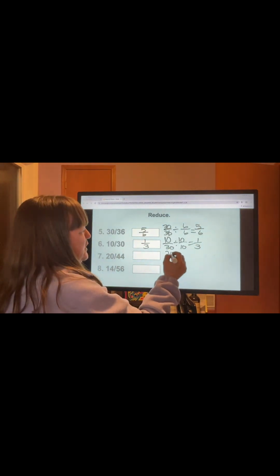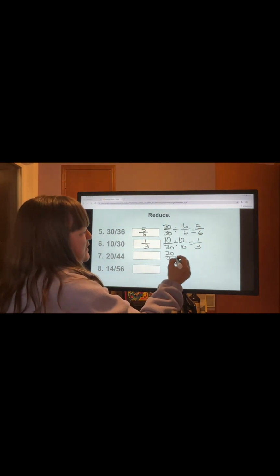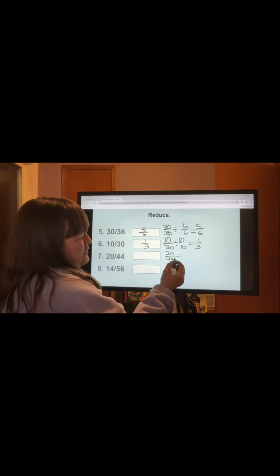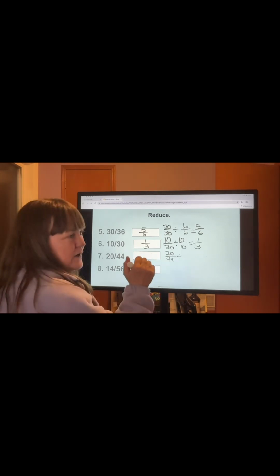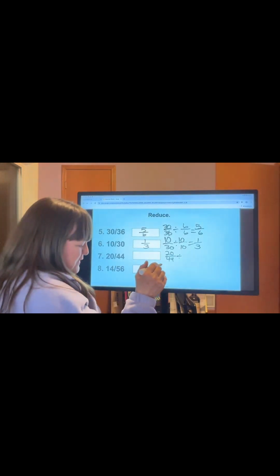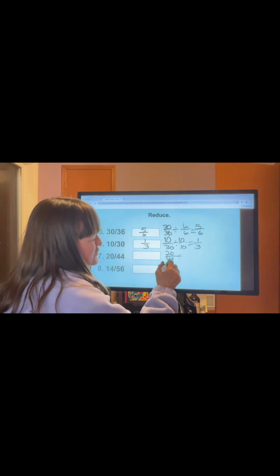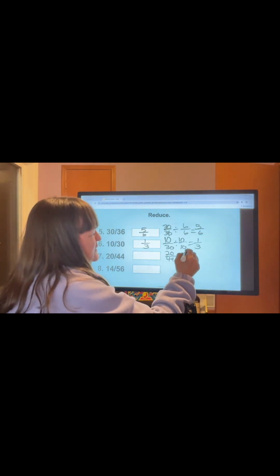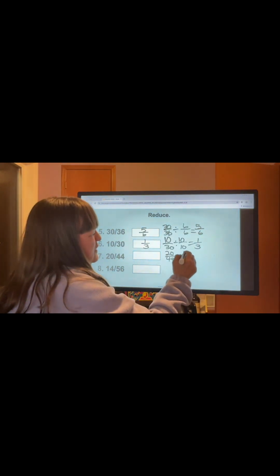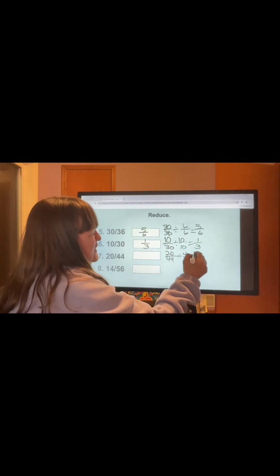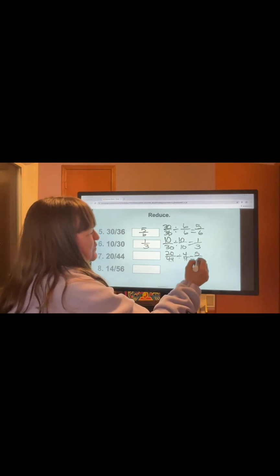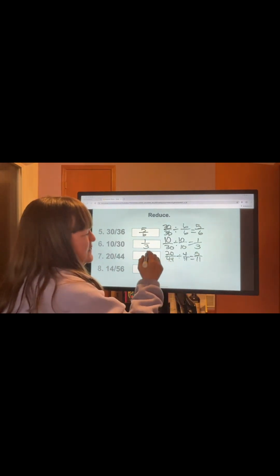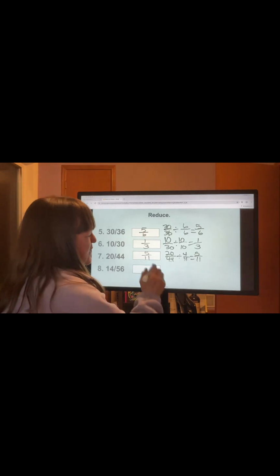How about 20 over 44? They're both even numbers. I'm looking at the numerator. I know that 4 goes into 20 and it also goes into 44. So let's choose 4. 4 goes into 20 5 times. 4 goes into 44 11 times. So your answer would be 5 over 11.